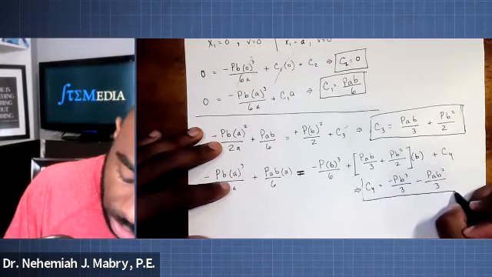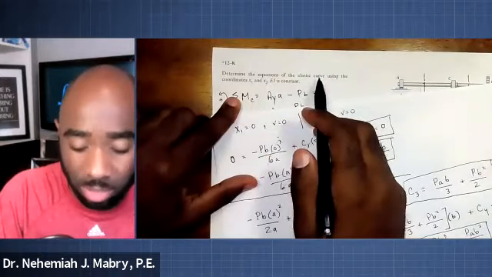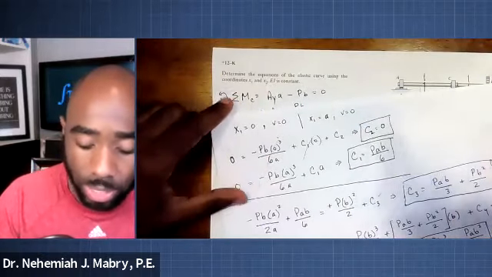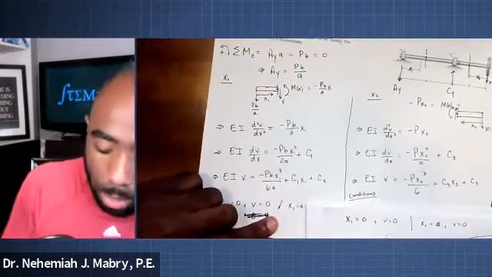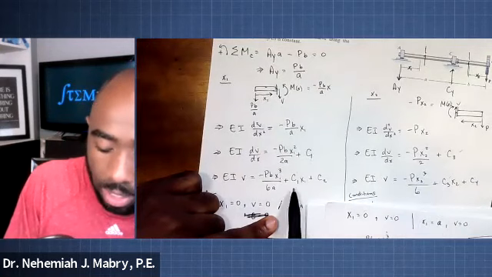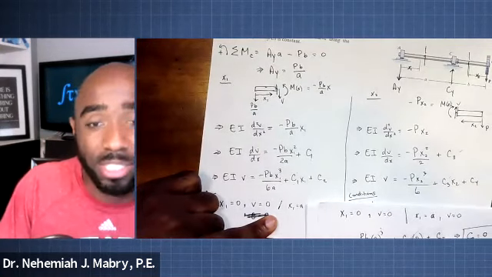All right. Hope you all are following along. So far, so good. Now it's a good time to remind ourselves what the problem is even asking us to do. It says determine the equations of the elastic curve. We got the equations written here, but we don't have them with C1, C2, C3 and C4 entered into these equations.